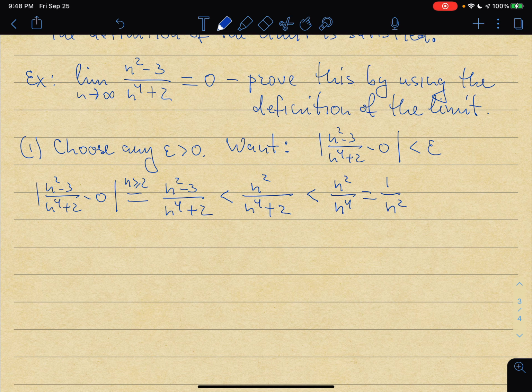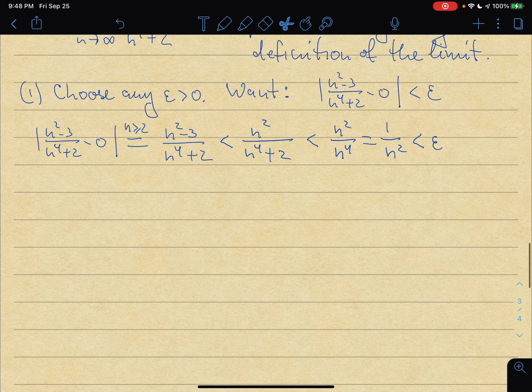Certainly 1 over n squared is much simpler than the original expression. So if now I make 1 over n squared less than epsilon, then I'm making my original absolute value less than epsilon, right? Because all inequalities are less or equal here in this chain.